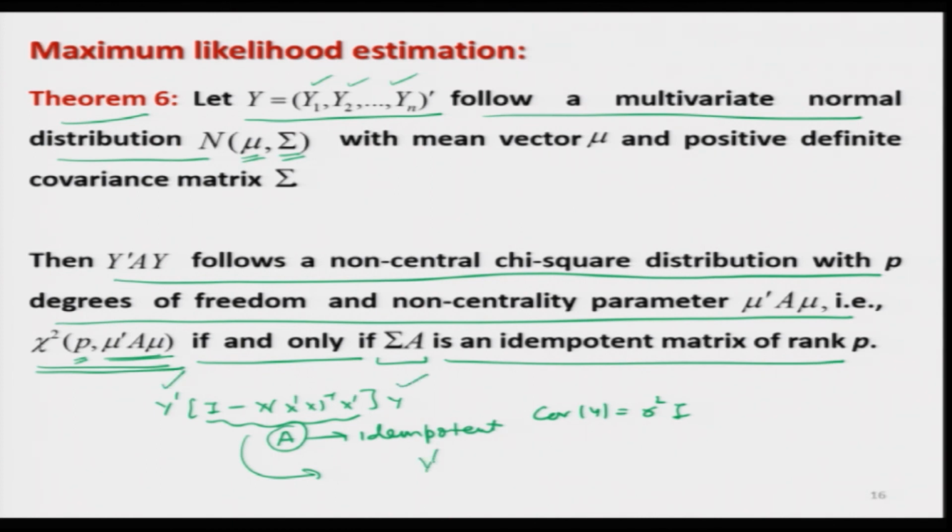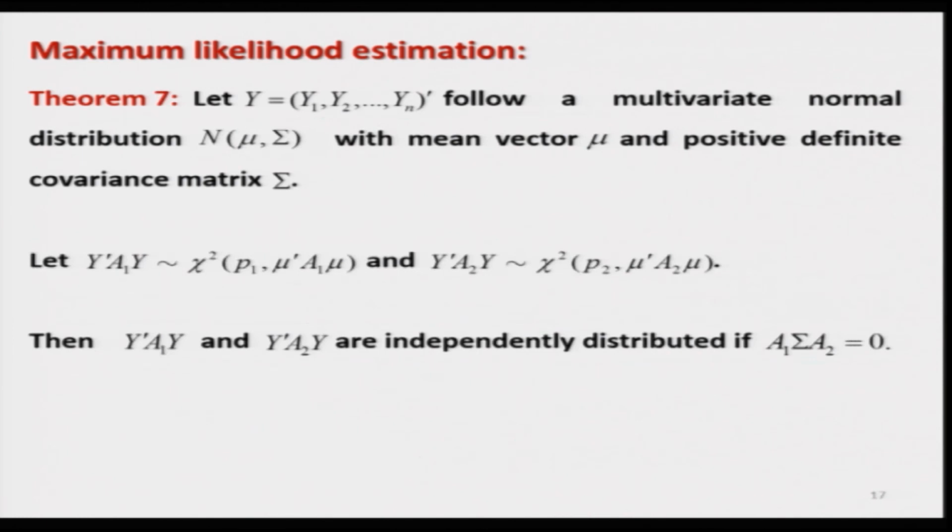Then y transpose A y is going to have a chi-square distribution with degrees of freedom equal to the rank of A, and the rank of A is the same as the trace of A, and the trace of A that you already have found to be n minus p. And you will see that we are going to use this result very frequently.